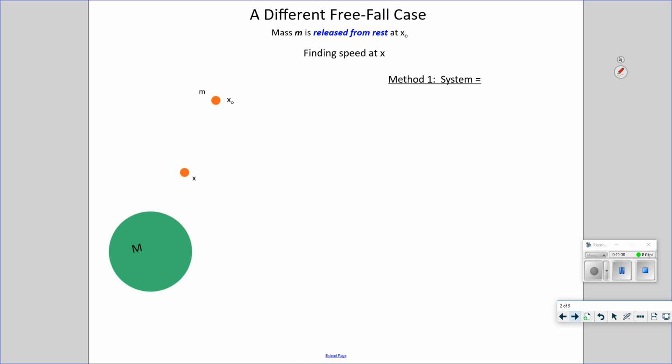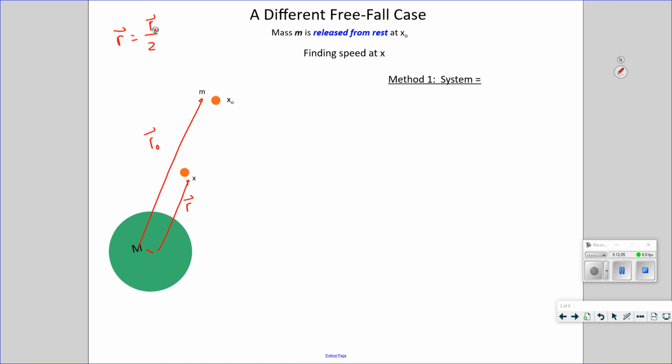What I've done here is on purpose made this different. Notice here's R naught and here's R. What I'm saying is that an object starts at some distance from the center of big M and ends up at a distance half as far away. So I'm defining that the magnitude of R is half the magnitude of R naught.